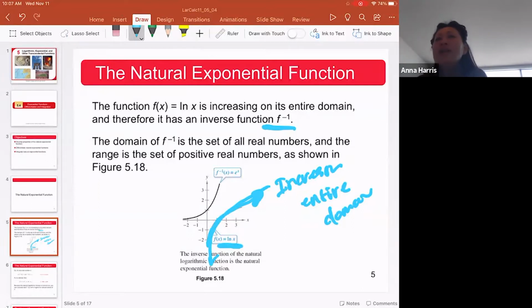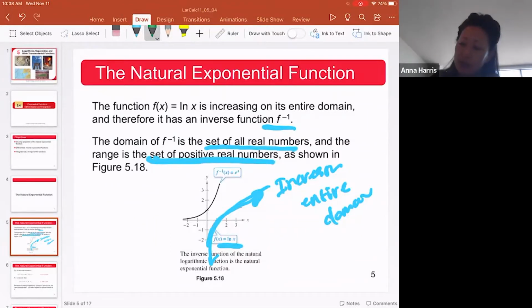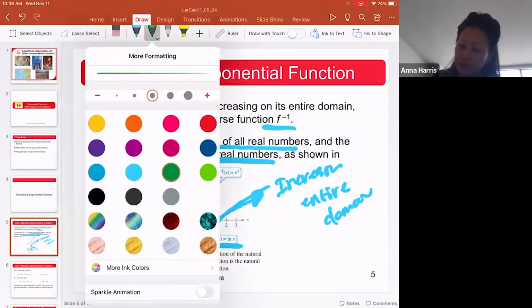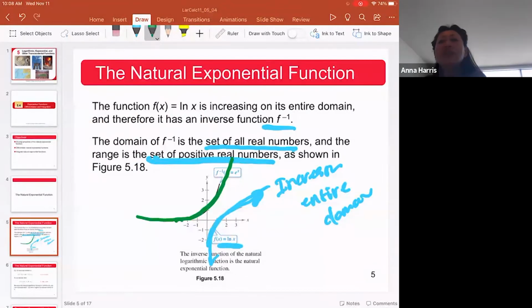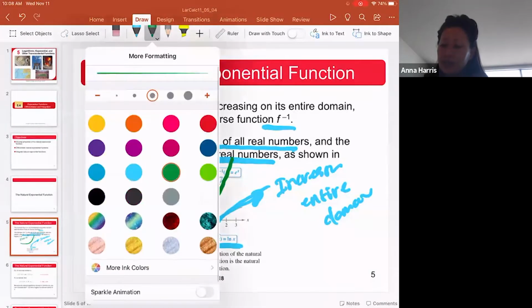All right, so the domain of f inverse is the set of all real numbers, and the range is the set of all positive real numbers, as is shown in 5.18. So in other words, this one right here, that's the inverse function. The inverse function is e to the x. So you know they're inverse because you can look at it.